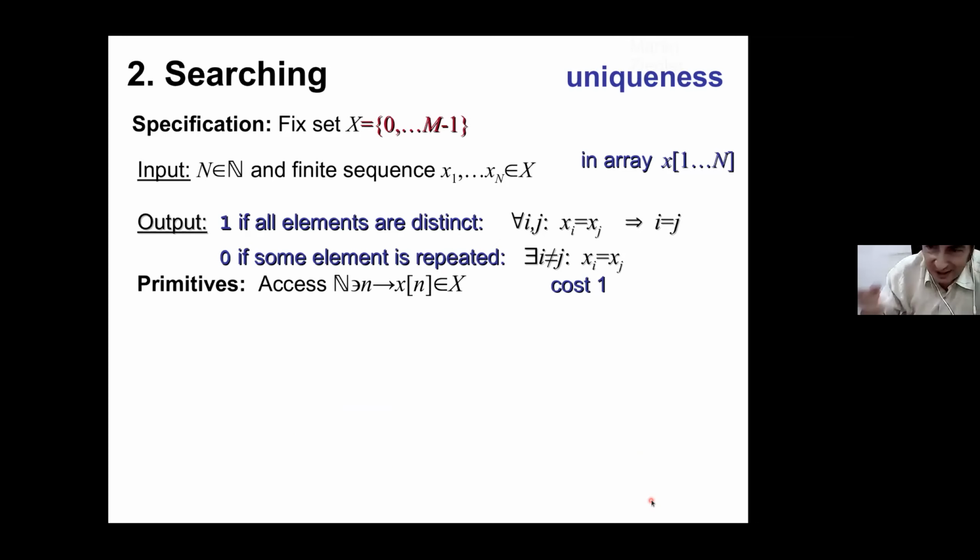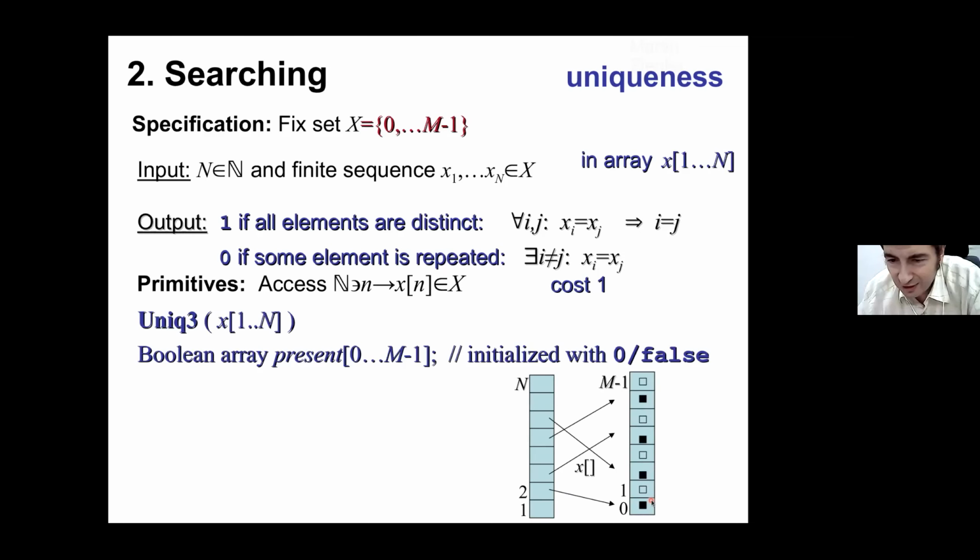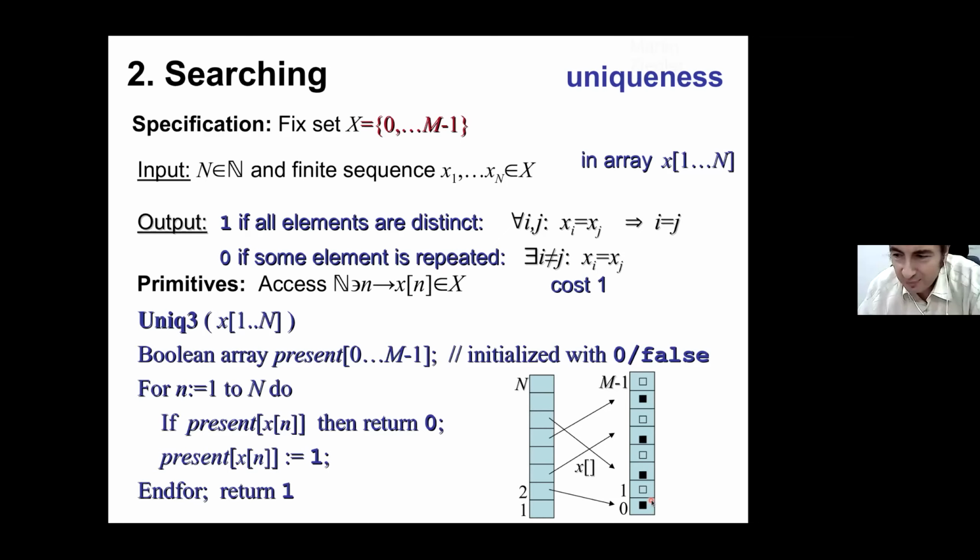And then we discussed several modifications of that procedure. One was, if you have elements which are integers, then we used these integers as indices in a database.